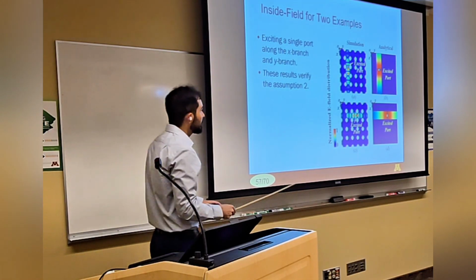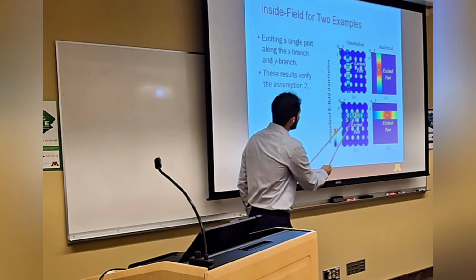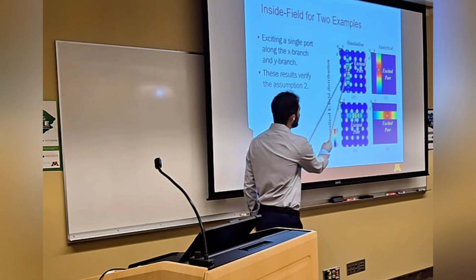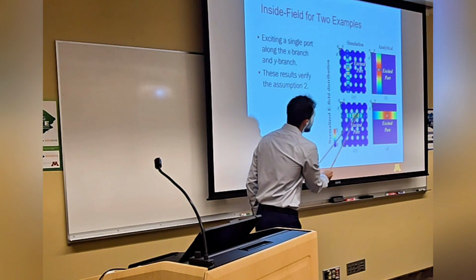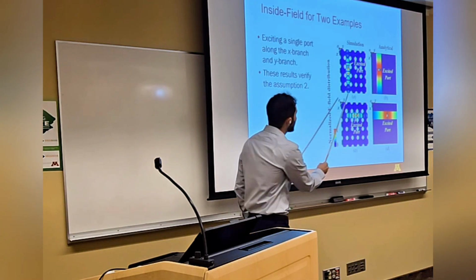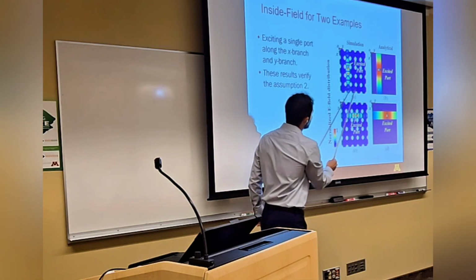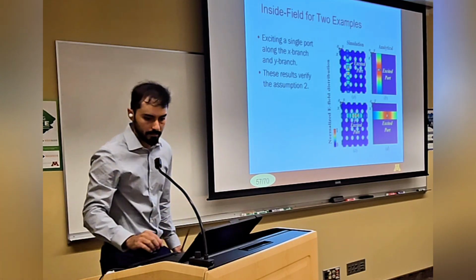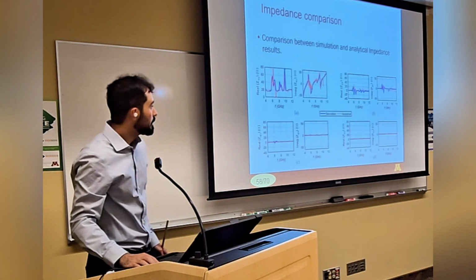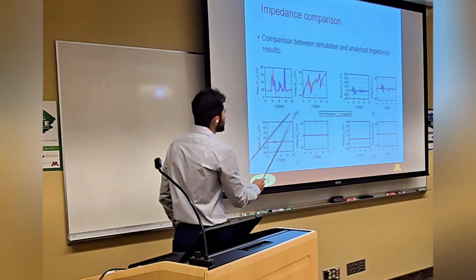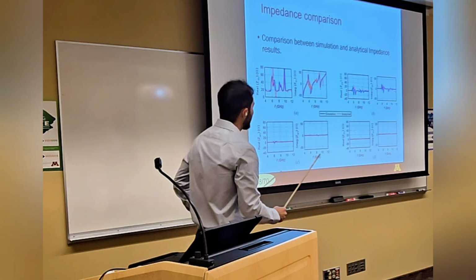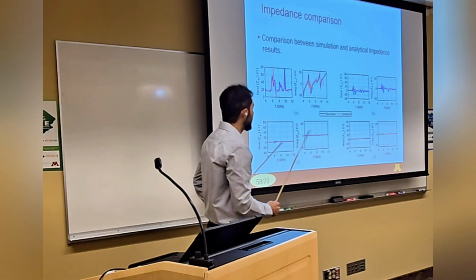Here we can see the magnitude of E fields in the 2D case when we excite only one port alongside the x-axis and one port alongside the y-axis. As you can see, only the corresponding branch is excited, and the other branch is not. And here there is a comparison between impedances of the impedance matrix.